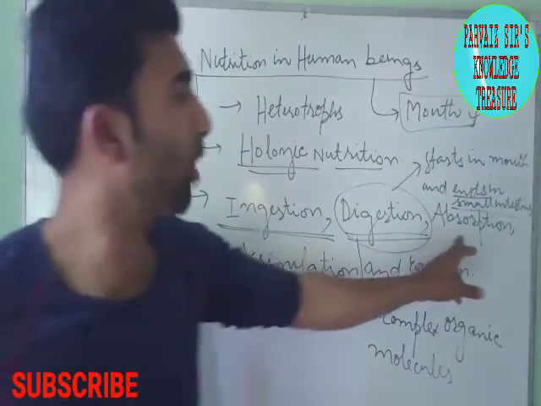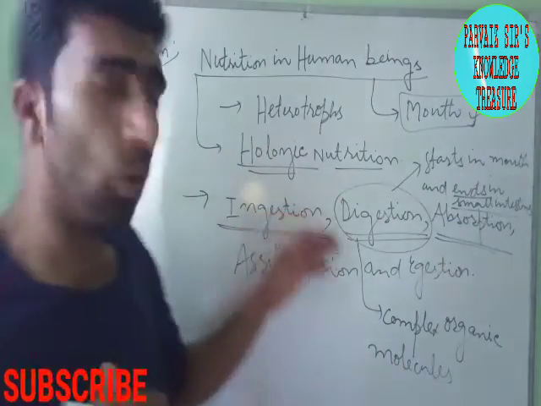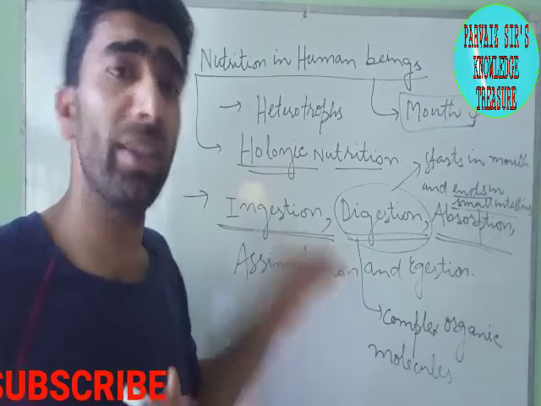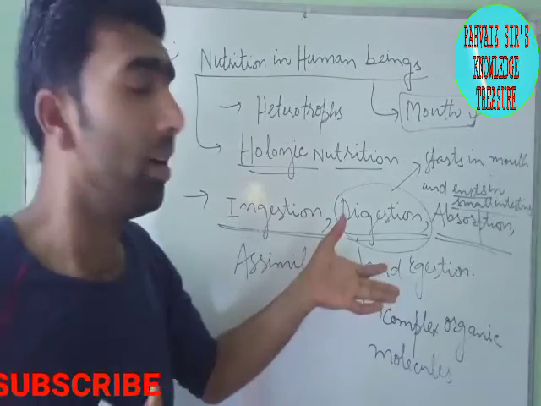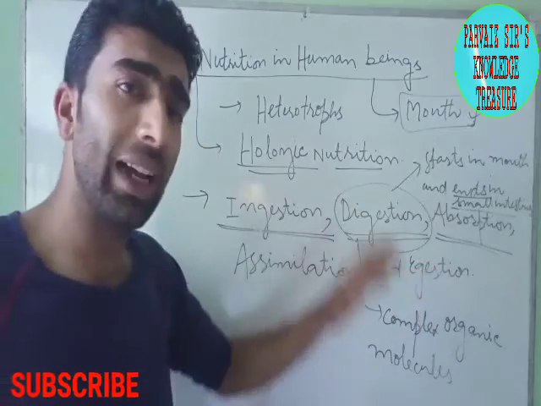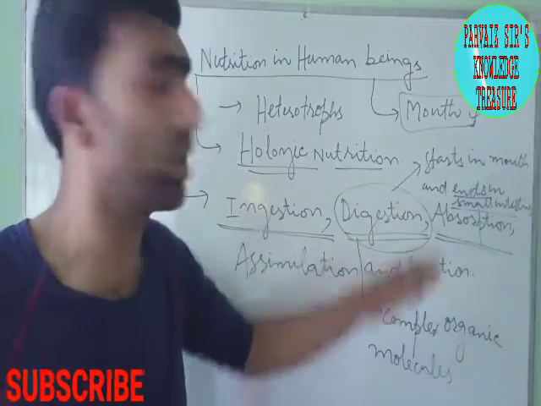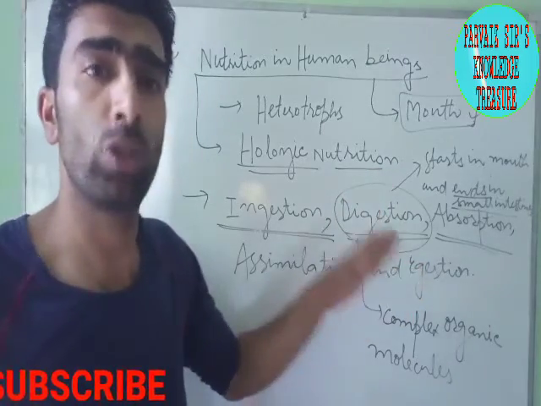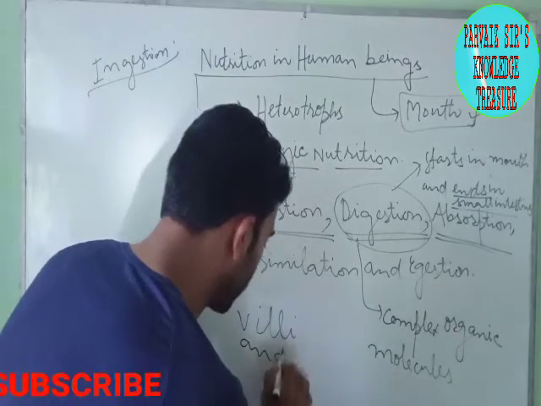Now, absorption. When the food is digested, the simple soluble substances move, some by diffusion, some by active transport, from the digestive tract or from small intestines into the bloodstream, through villi and lacteals.